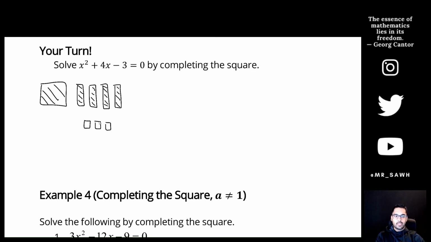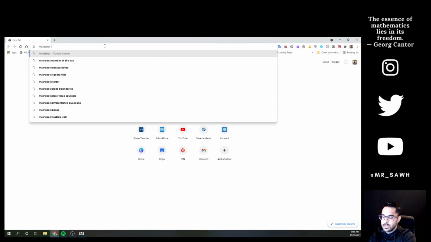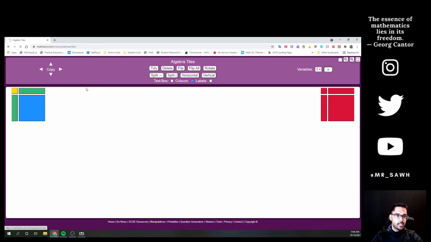Now with the tools that I have right now, I should be able to arrange them in such a way that I need a square. So maybe this is a little easier if I use, instead of a drawing, some Algebra Tiles. Okay, so there's some Algebra Tiles here.